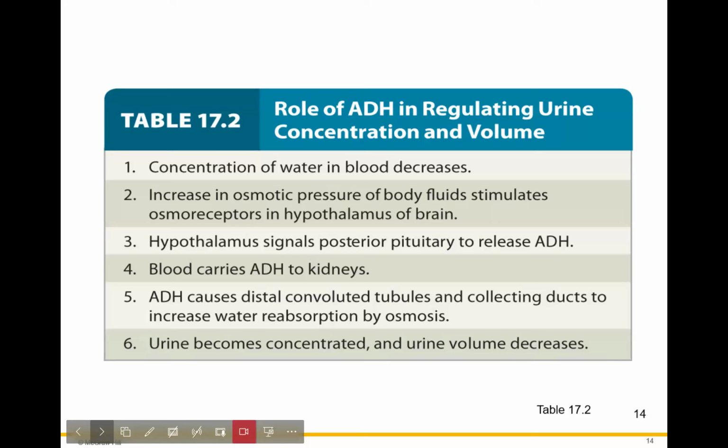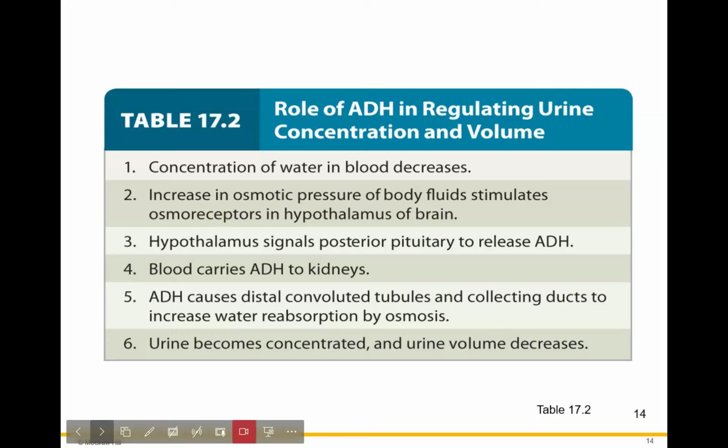Your blood is really a solution. It consists of two things: the solvent, which is water, and all the other molecules, which are solutes. So when your water levels, percentage-wise, go down, that means the solute concentration goes up, and that's an increase in osmotic pressure.